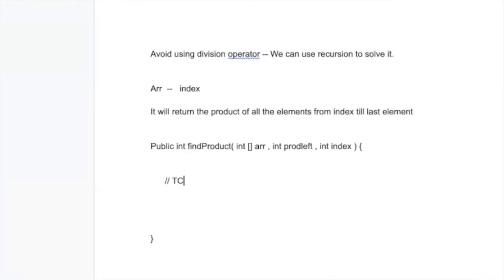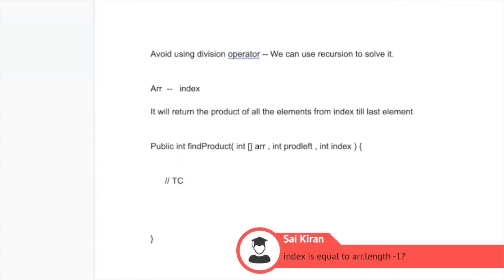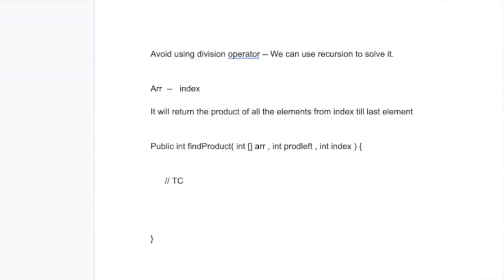What should the termination condition be here? If index equals array dot length minus 1? You're almost right, but one step before. We have an index, and index determines where currently we are in the array, right?